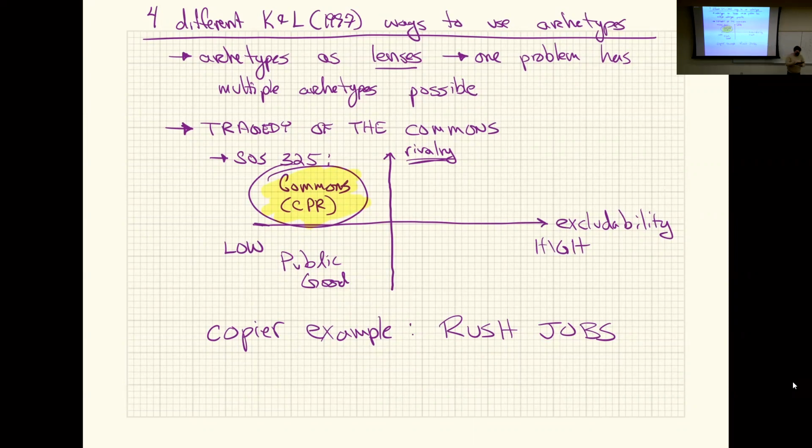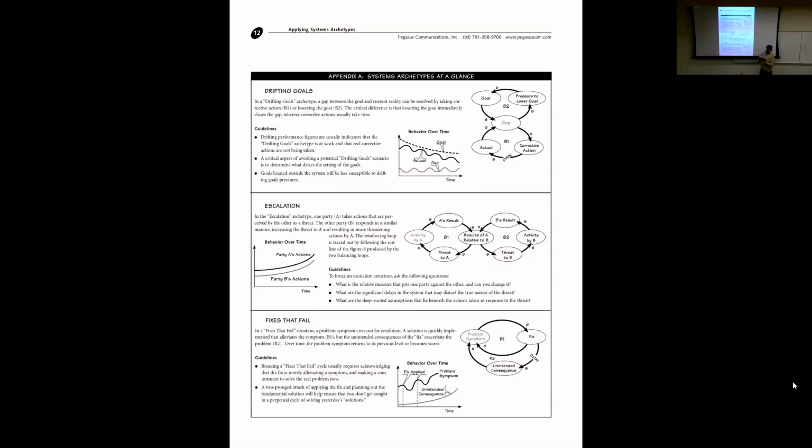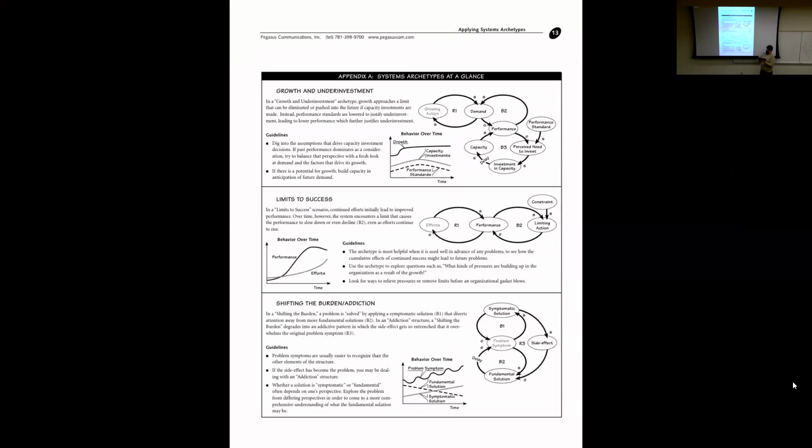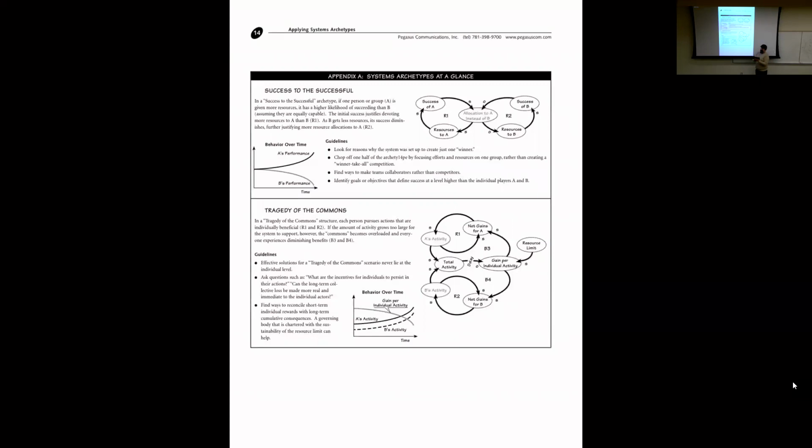And so if we recognize this commons problem, then we can always go back and say, you know what, for the tragedy of the commons, there is an archetype for that. We kind of know how things might behave over time, and we have a bunch of leverage points that go along with that.